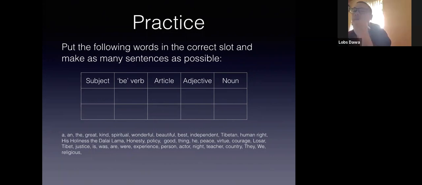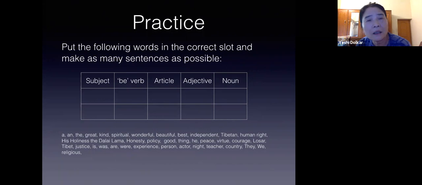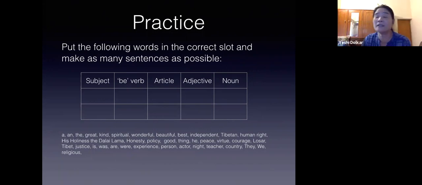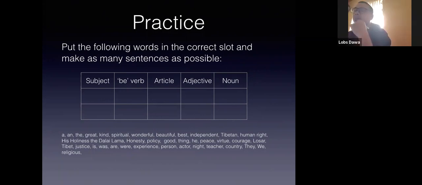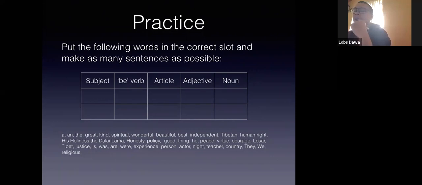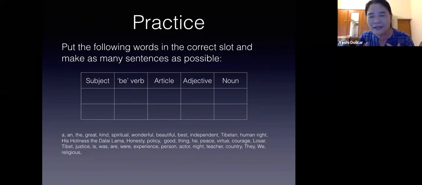Have is a linking verb, but it's not a be verb. Do you understand? I have a pen. It's not an action. It is a linking verb.